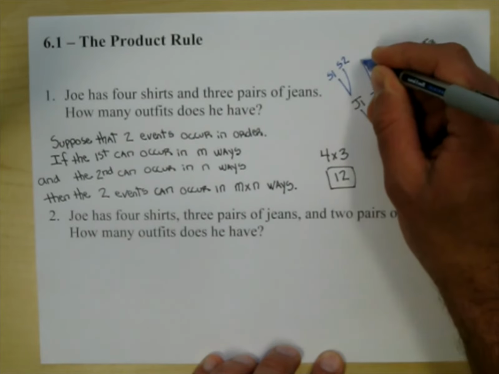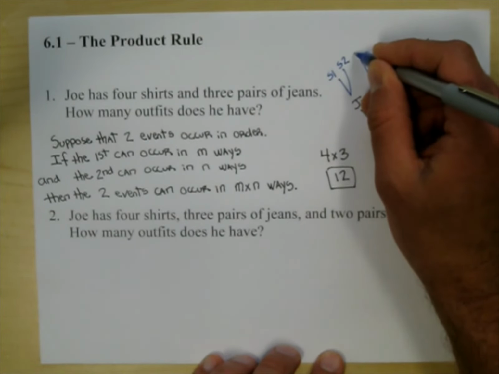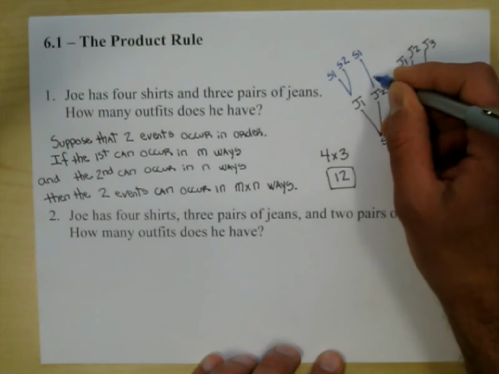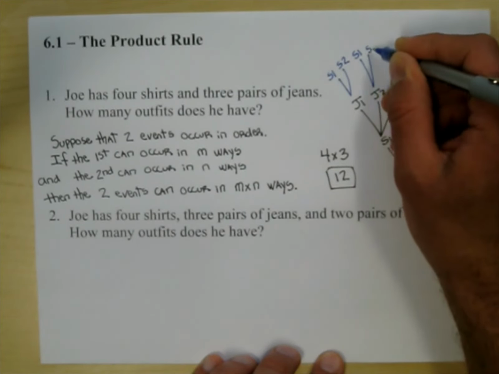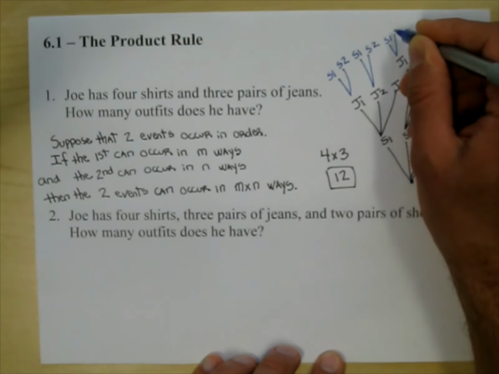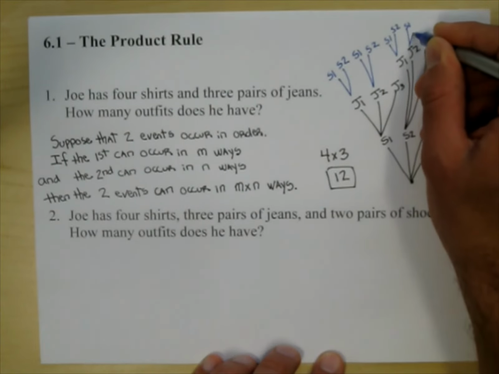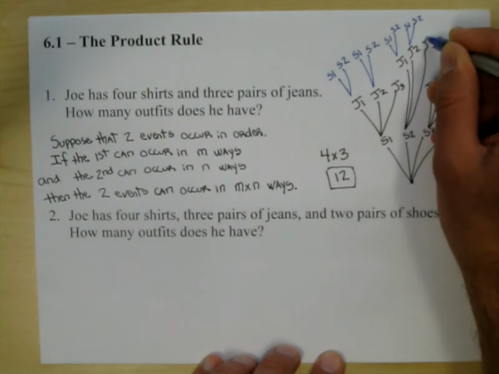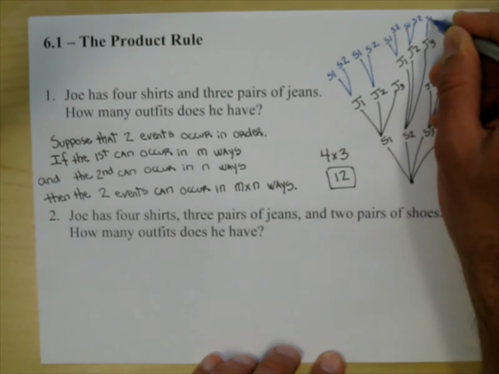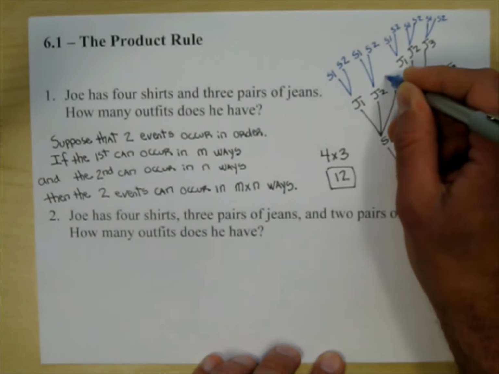So each of these leaves will now get 2 more branches coming off of it. So this is shoes 1, shoes 2, shoes 1, shoes 2, shoes 1, shoes 2, shoes 1, shoes 2. And look, I missed one right here.